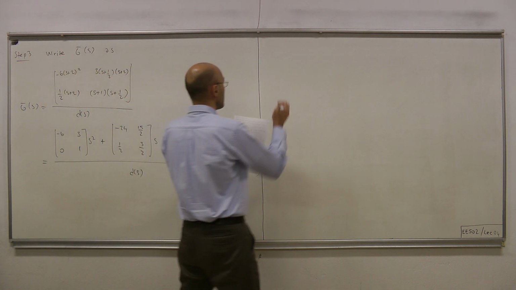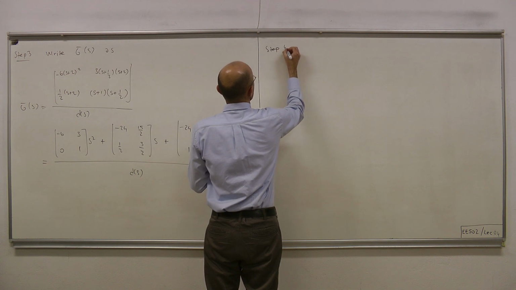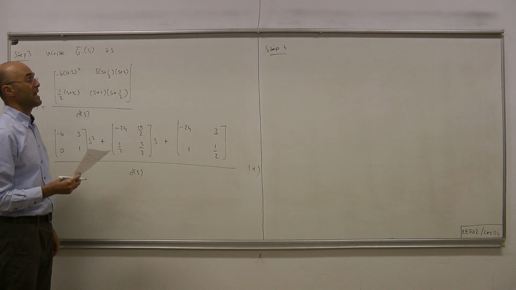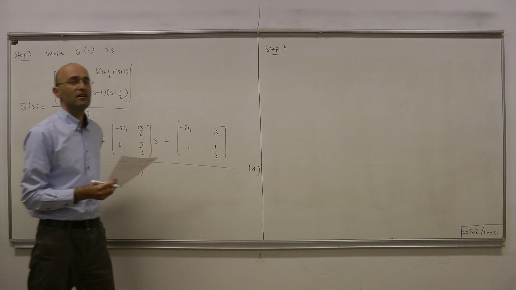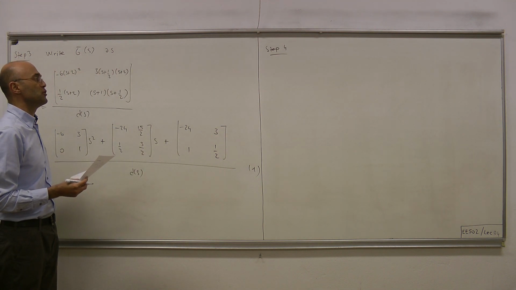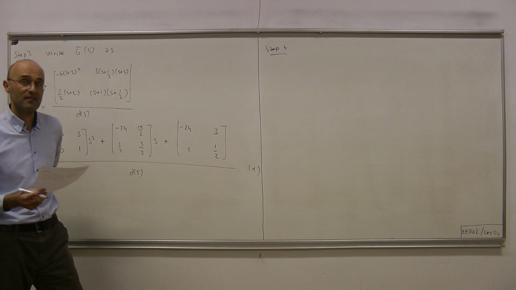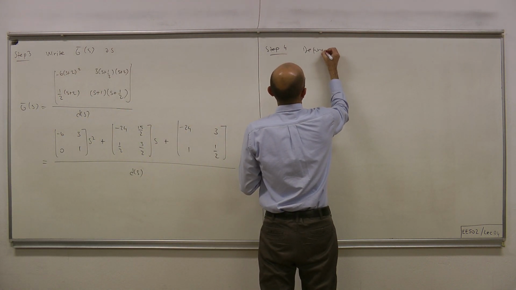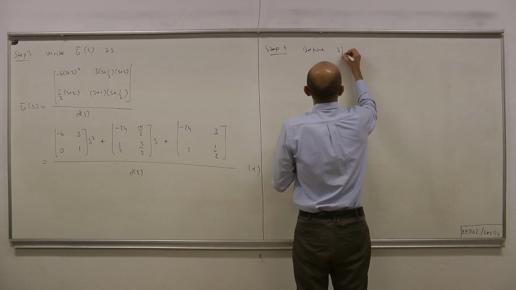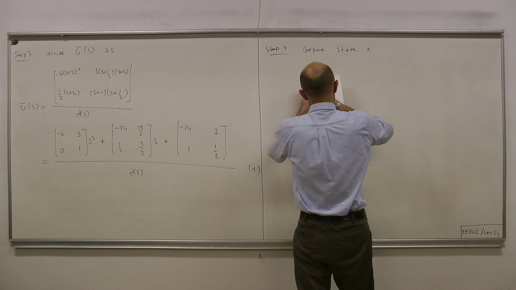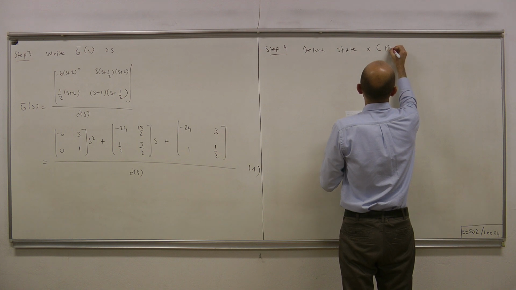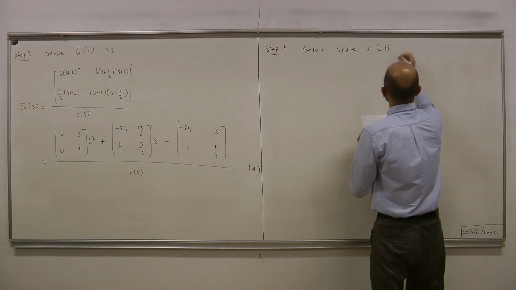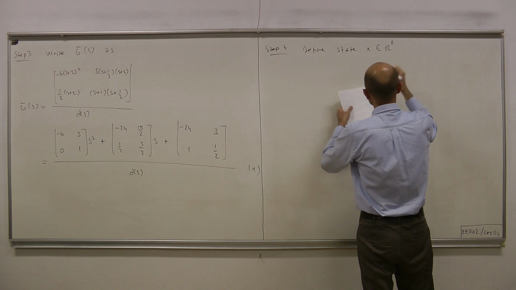Okay, step 4. This is the step where we take our first trip to the time domain. In other words, we choose our state. Okay. Define the state x in R^6. So what's the size of the state in this representation?